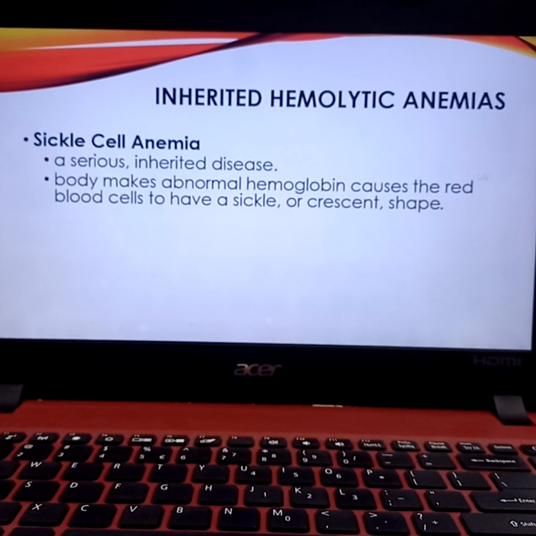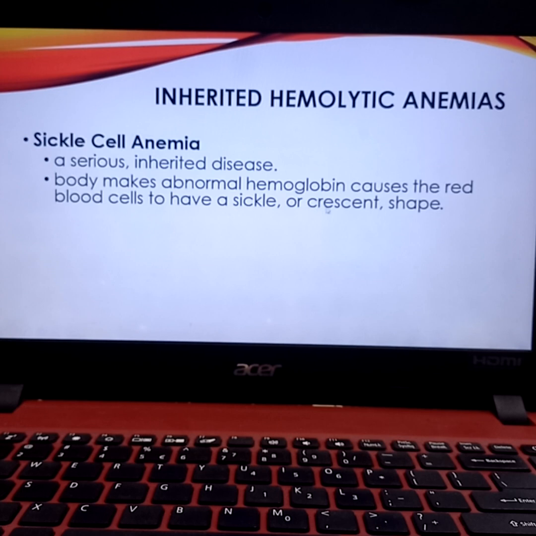Another one is oxygenation. We have to give oxygen to this patient because there is already a problem with oxygenation. Take note that this patient has a problem with the red blood cells, which have hemoglobin, the oxygen carrier of the blood.